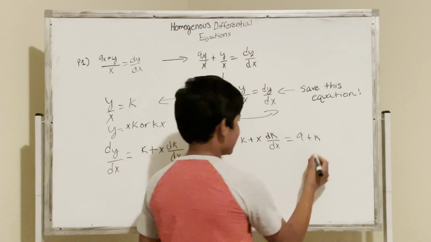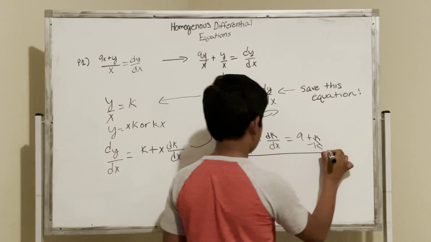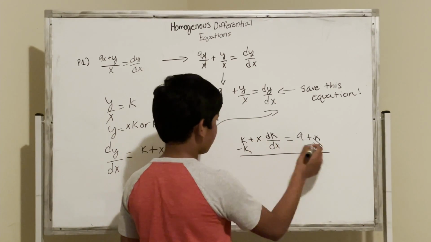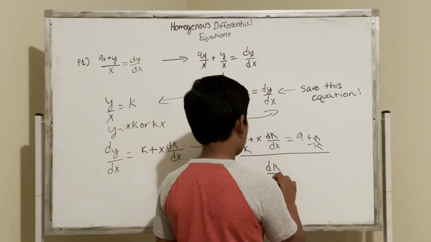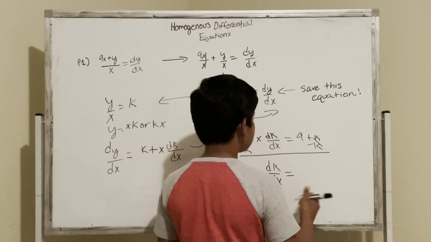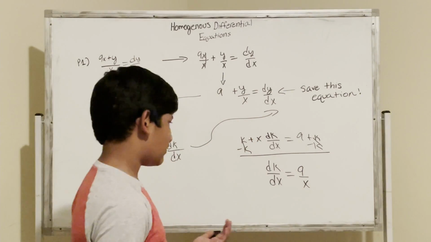Because when we subtract the k's, we're going to cancel them out. And essentially, we get dk over dx is equal to 9 over x. Pretty straightforward.